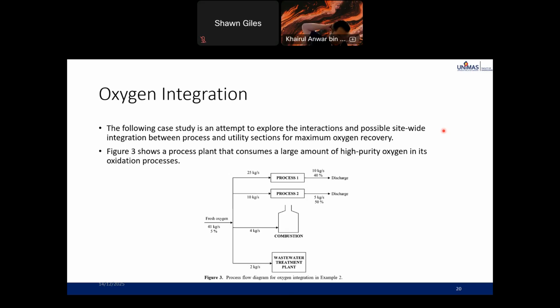They combine it well. Because once you come up with the pinch, then you need to come up with a new process flow.